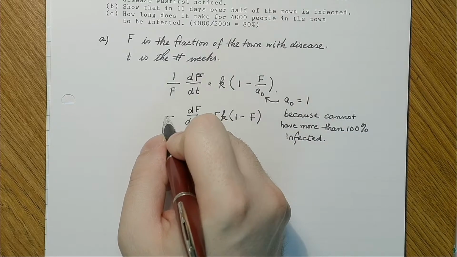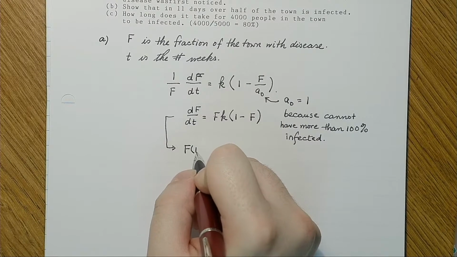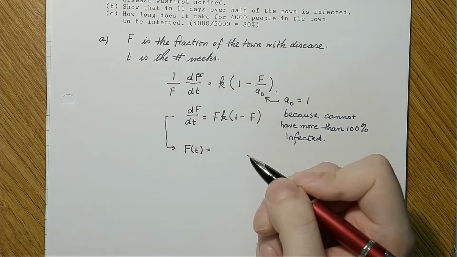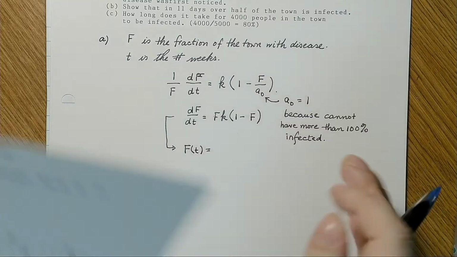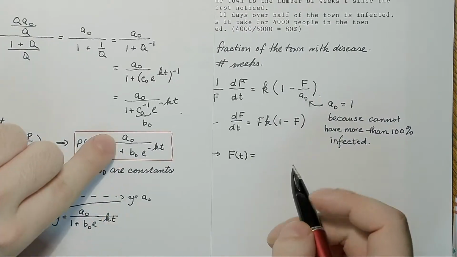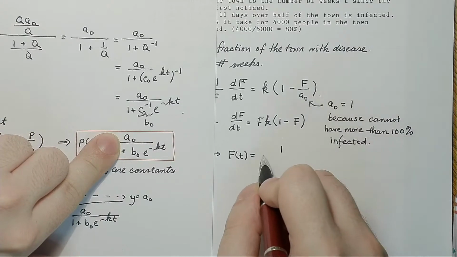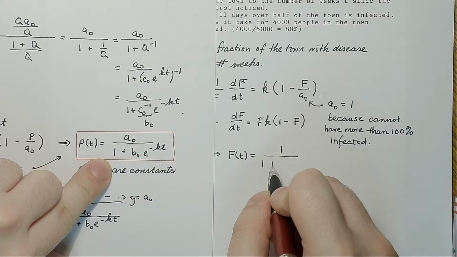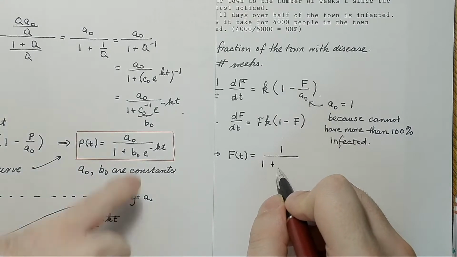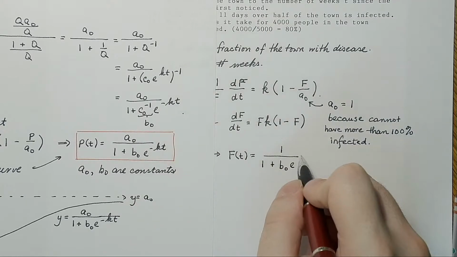And because we've already solved this, I can rewrite that. So I know what my a naught is. It's 1. So it's 1 over 1 plus, I don't know what the b naught is yet, and I don't know what the k is yet.